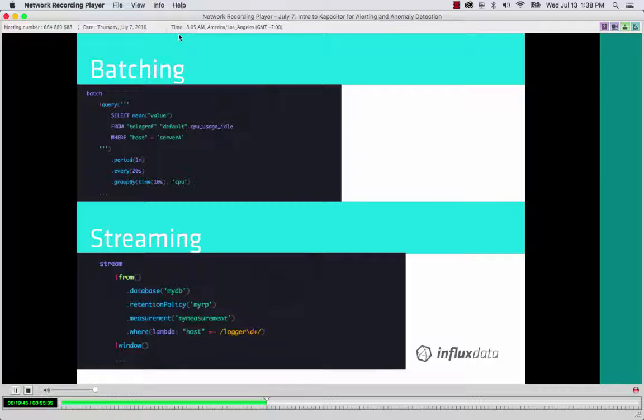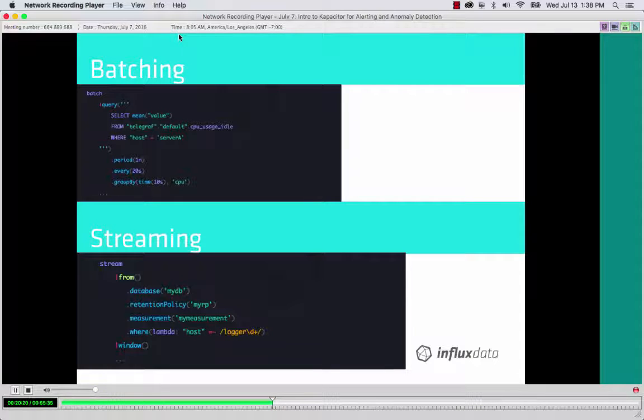Group by, you can do group by time as well as some other tag. So what this is going to do is, if you go back in time a minute, it's going to execute this query every 20 seconds, going back in time 1 minute. So you'll have this rolling window of 1 minute intervals every 20 seconds, if that makes any sense.